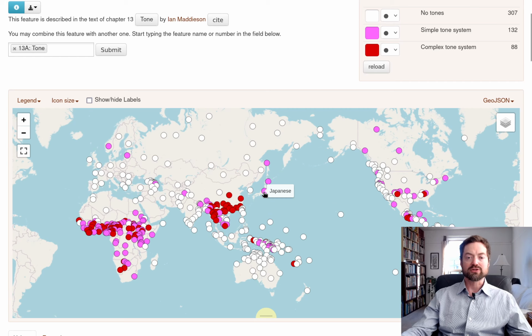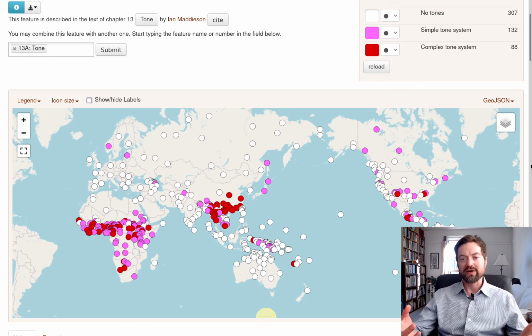And even a language like Japanese is not normally considered a tonal language, but it does have a certain kind. It has a pitch accent system, which does involve changing the pitch of your speech in some way that affects the meaning, and that is what a tone system is all about. Speakers of any language have their pitch, their voice going up and down, but it doesn't carry any linguistic meaning in English.